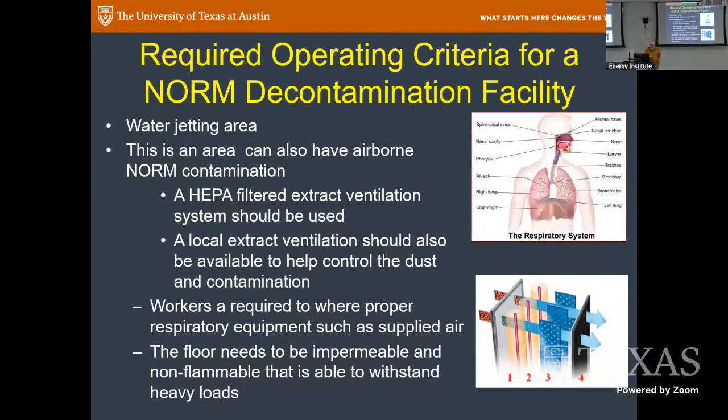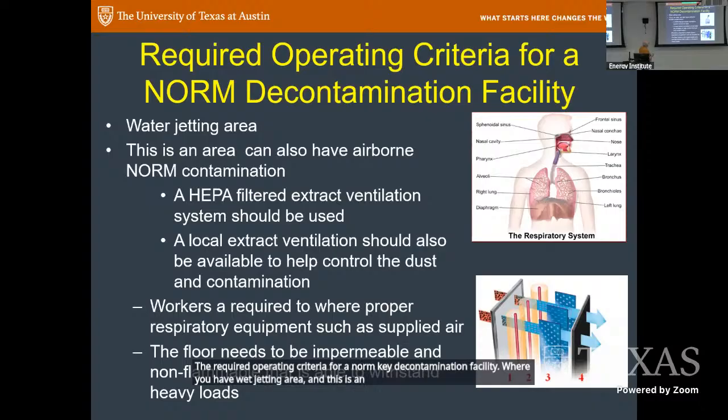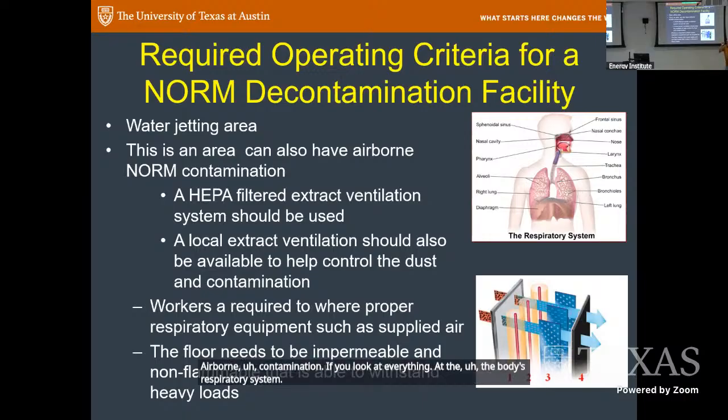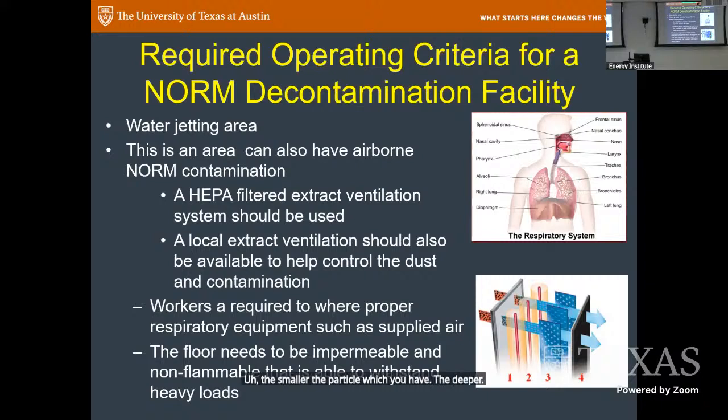These are the required operating criteria for a NORM decontamination facility, where you have a wet jetting area. This is an area that can also have airborne contamination. If you look at the body's respiratory system, the smaller the particle, the deeper it'll go into your lungs.